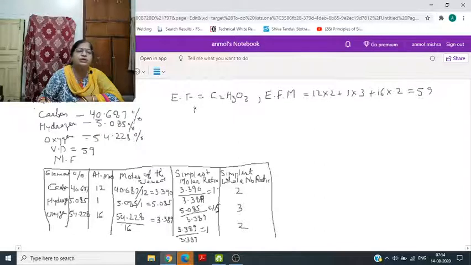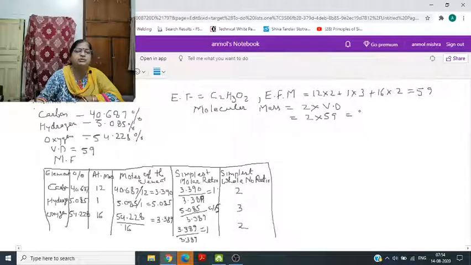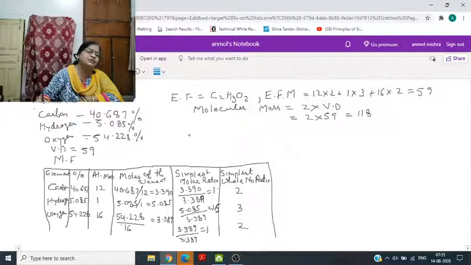Now molecular mass is equal to 2 into vapor density, because in the question vapor density is given to you. So 2 into 59 is equal to 118.